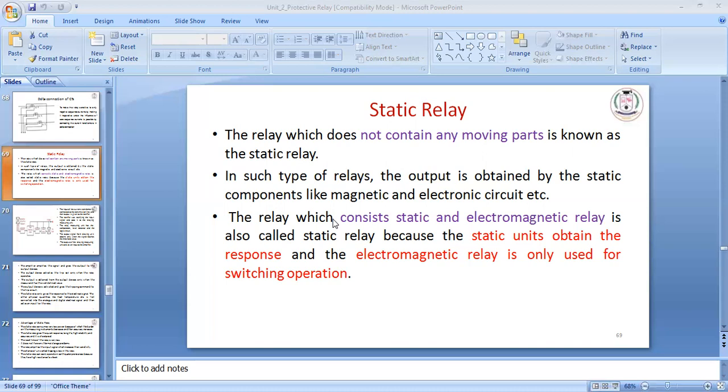When you were passing maximum current and then pass a low current, the flux needs to change, but instead a constant flux keeps flowing. Variation of current will not produce variation of flux, so saturation will occur. In such a case, the electromagnetic relay will malfunction. In order to avoid that, we go for the static relay.